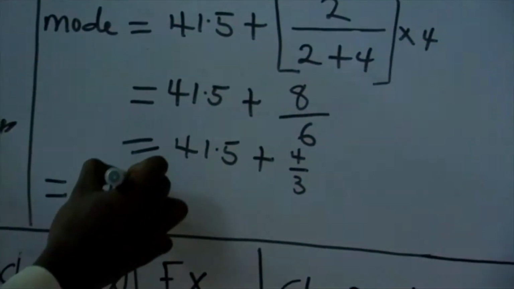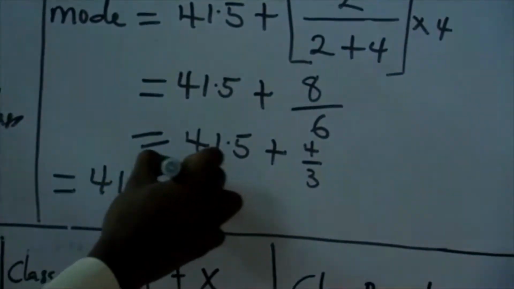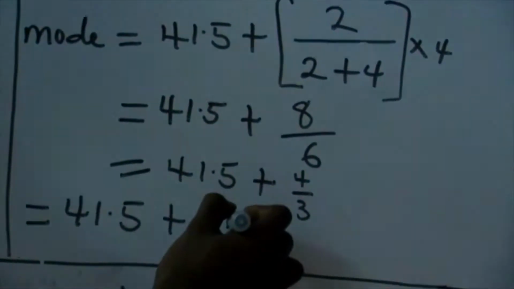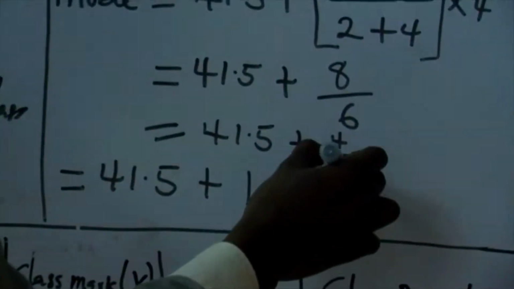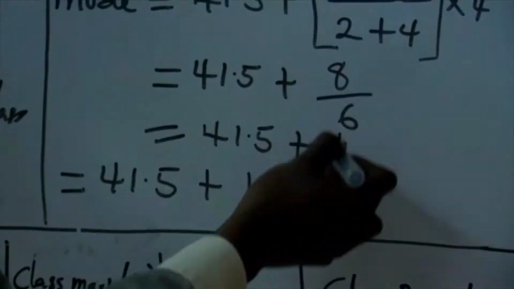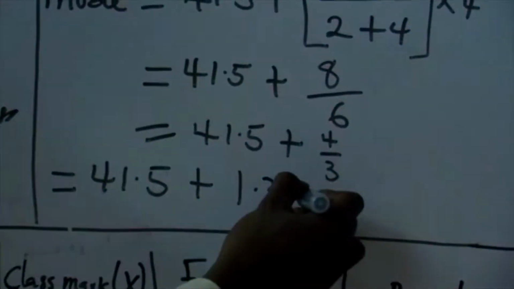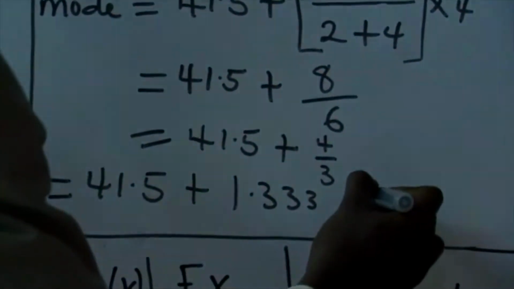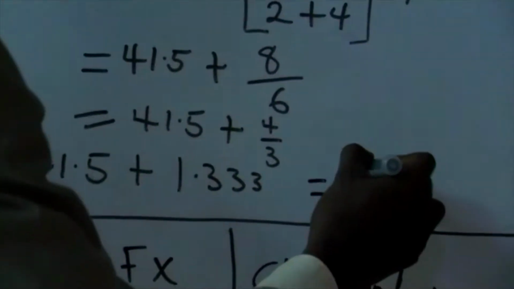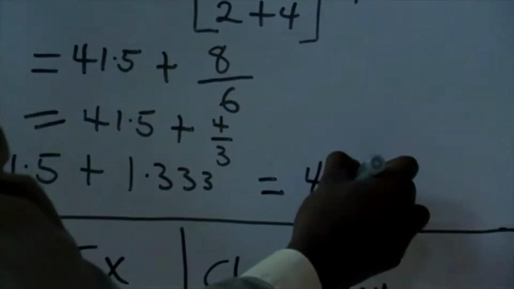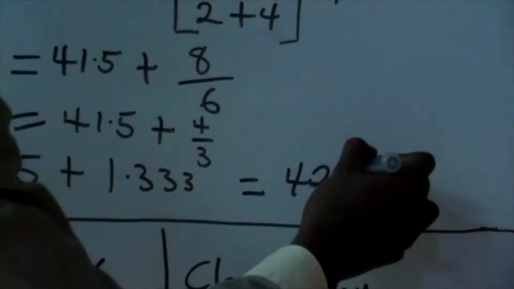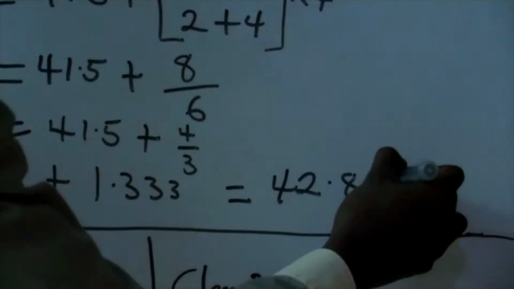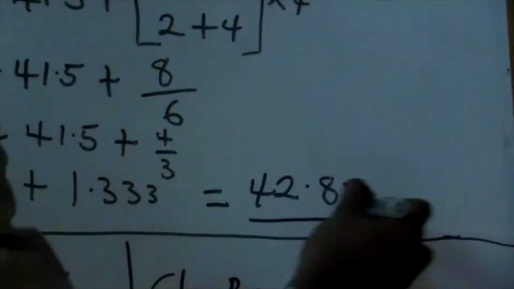So 41.5 plus 1.333, and it just keeps going. We have 42.833 approximately.